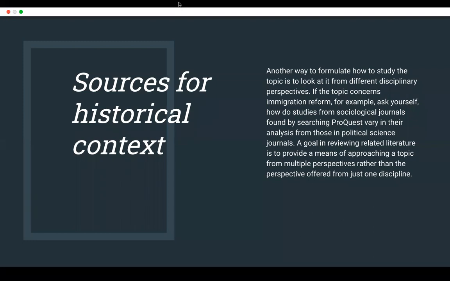The aim is to see how to formulate a research topic by looking at it from a different perspective. Like for example, I'm going to talk about researching from a sociological journal, or when I read literature, I'm going to be reviewing, for example, the historical context.